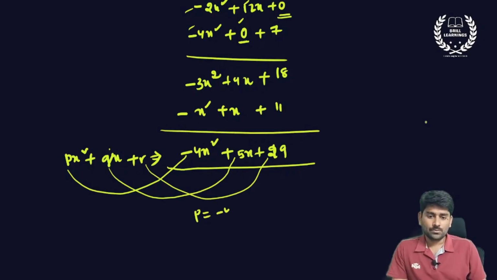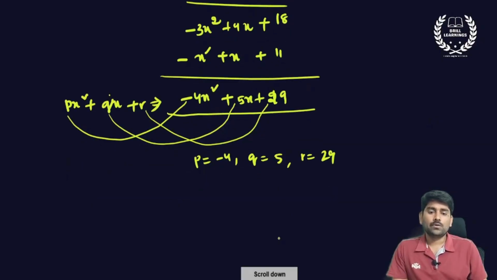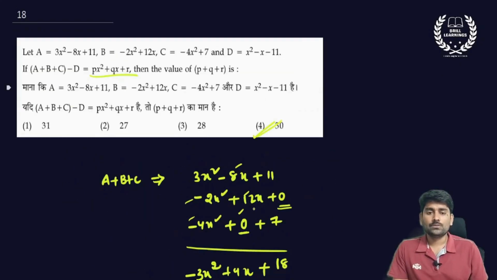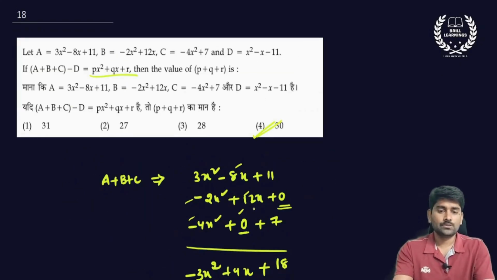Now they have asked about p plus q plus r, that is 34 minus 4, which is 30. So the fourth one is the right answer. Let's move on to the next question.